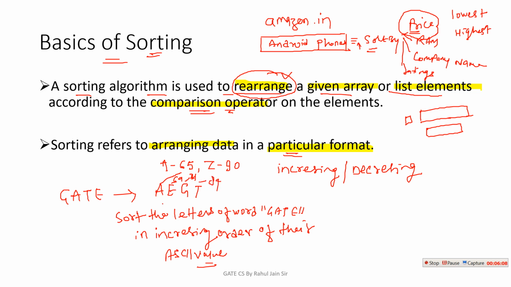So we have sorted our input string according to a particular format. What is the particular format? Increasing value of their ASCII value, and we have sorted the input string like that, and it is our output string. So it is the meaning of sorting.